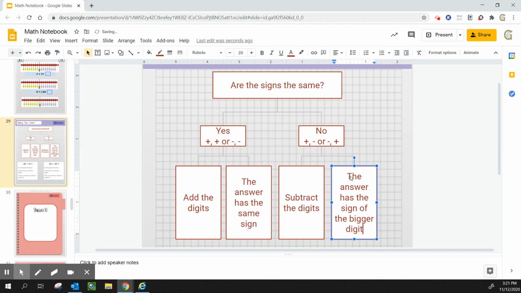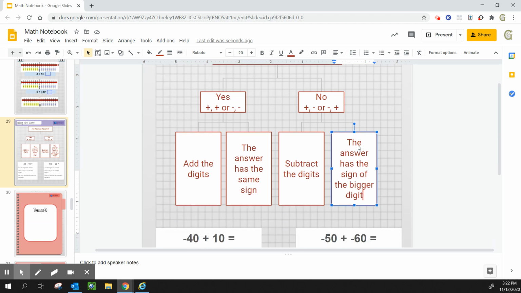I'm not going to say the bigger number because obviously positive numbers are always bigger than negative numbers. So that would mean every answer is positive, and that's not true. I'm saying if we look at the digit, like the 1 or the 4 or whatever you got, which one of those digits is bigger? There's a fancy math word for doing that. It's called finding the absolute value.